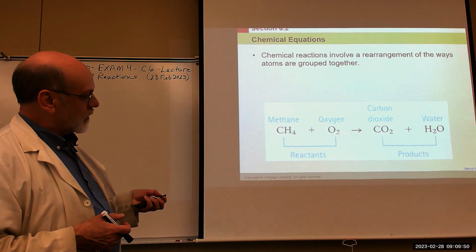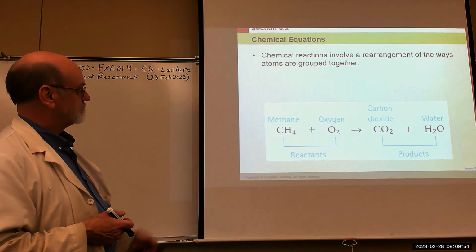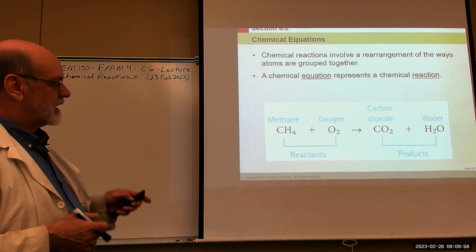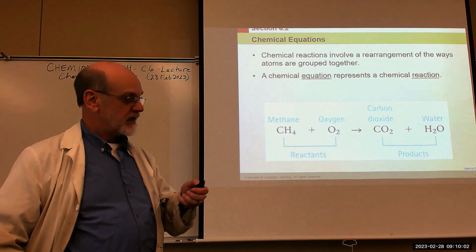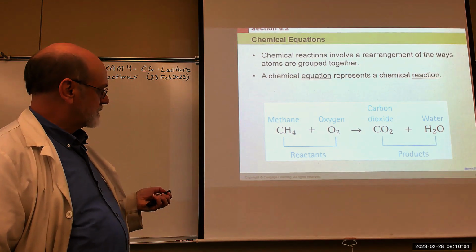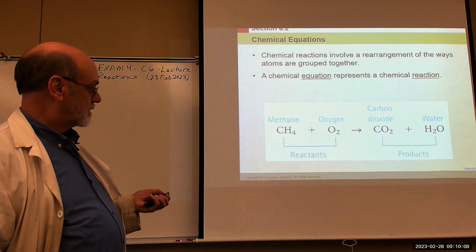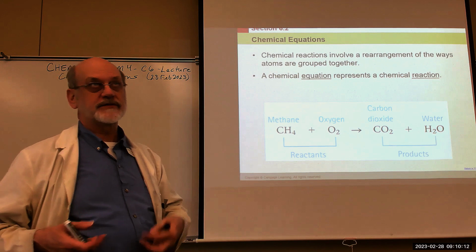And we always put an arrow in the middle showing that we're moving from left to right. This is our representation of a chemical reaction. These are different substances. Methane is a flammable hydrocarbon, and oxygen is just the stuff we breathe.